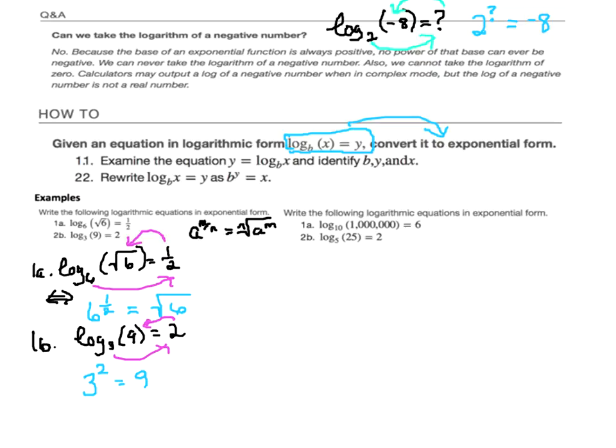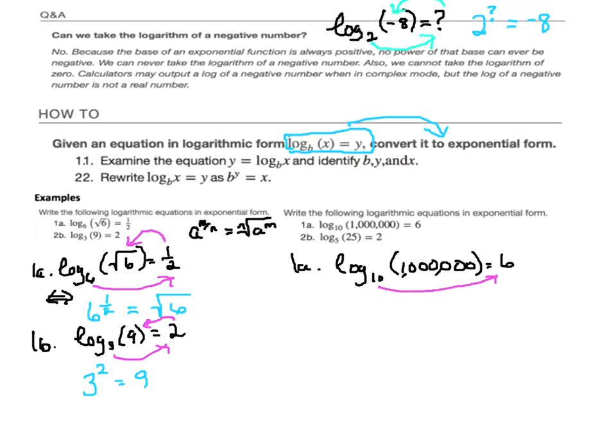Let's look at the right-hand side just to practice a little more with converting here. So 1a on the right-hand side starts with log base 10 of 1 million. And there's an important concept embedded in this little problem here. I'll tell you in just a second what that concept is.